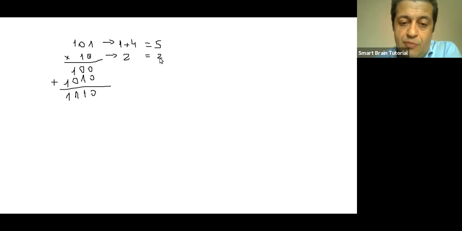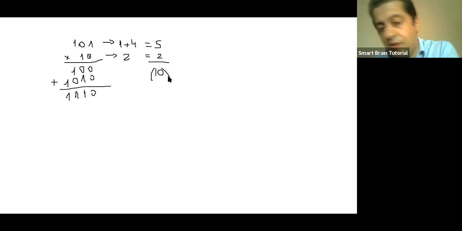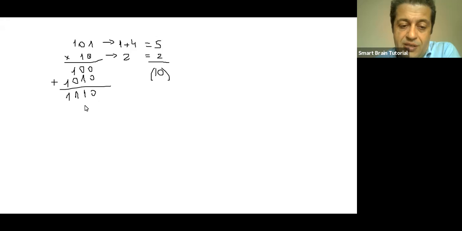So if we multiply 5 and 2, the result will be 10. 10 I will write inside the brackets to not confuse with binary numbers. It is 10 at base 10. Now let's check the result here. We have 0 ones, 1 2, 1 4, and 1 8. 8 plus 4, 12.